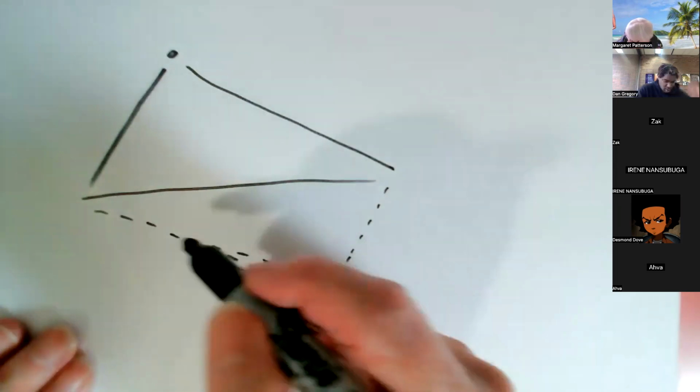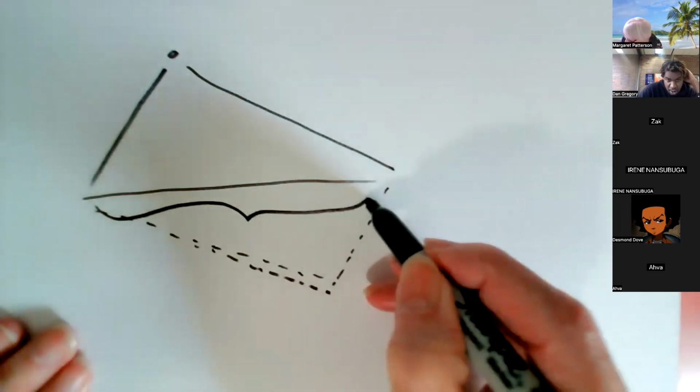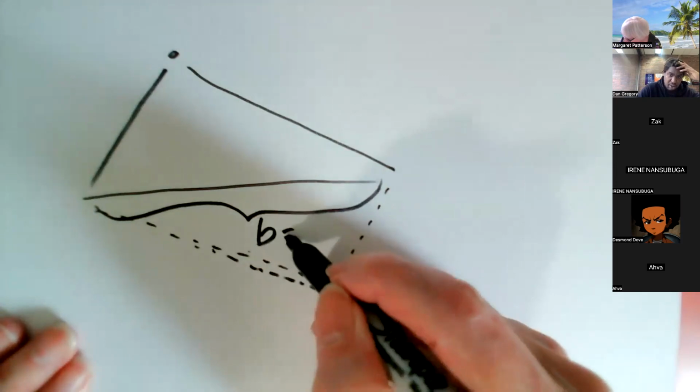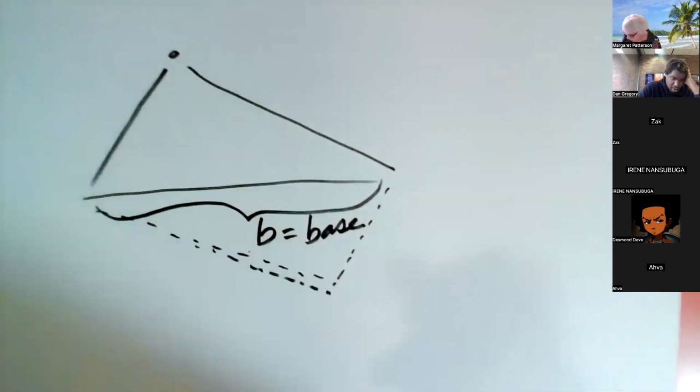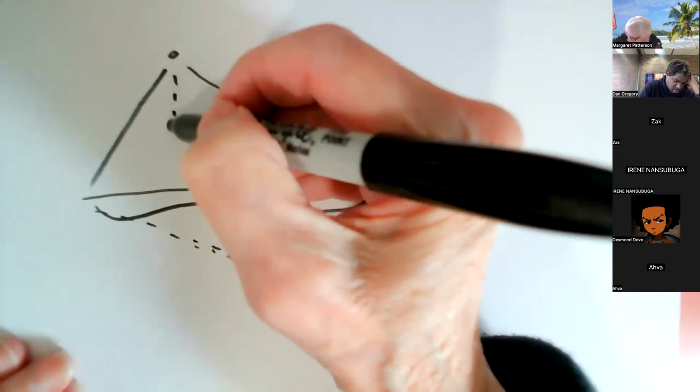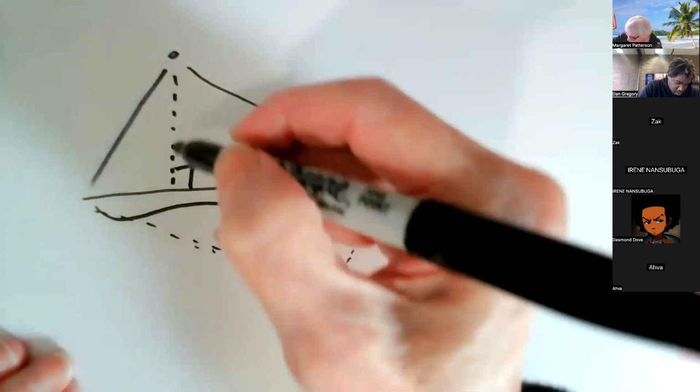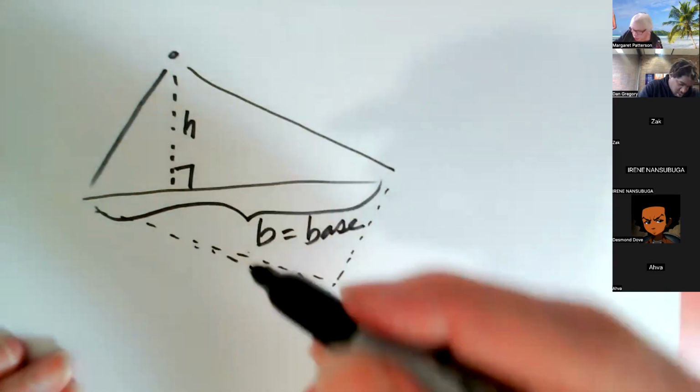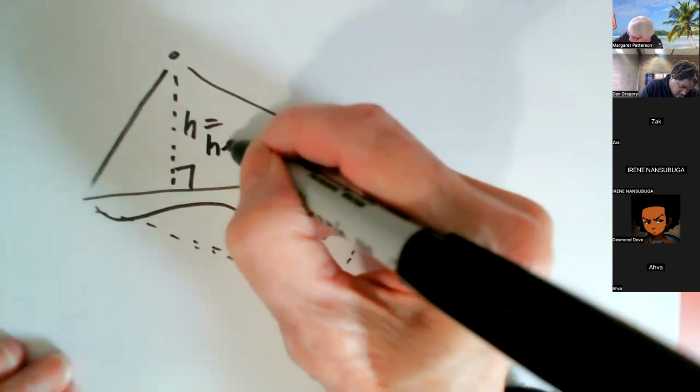And so what do I need? I need this measurement here, which I'm going to call B for base. And I need this measurement here, H for height.